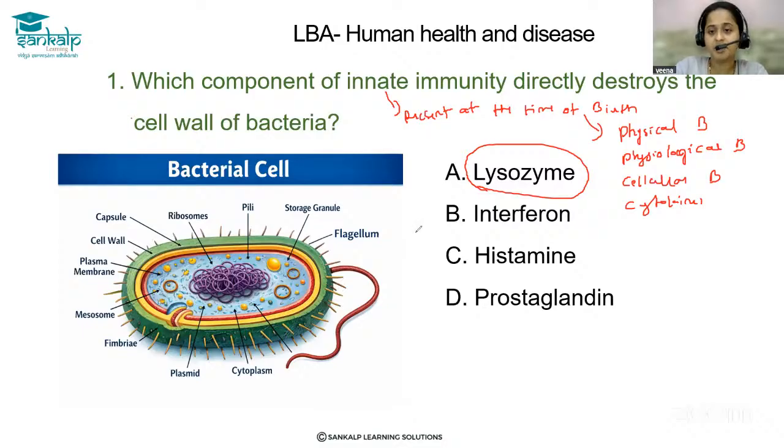So that will be destroyed by this lysozyme of the innate immunity. So the correct answer is here, dear student, not interferons, even not a histamine, not a prostaglandin. Correct answer is lysozyme. It is a component of innate immunity, so that is going to destroy the cell wall of a bacteria.